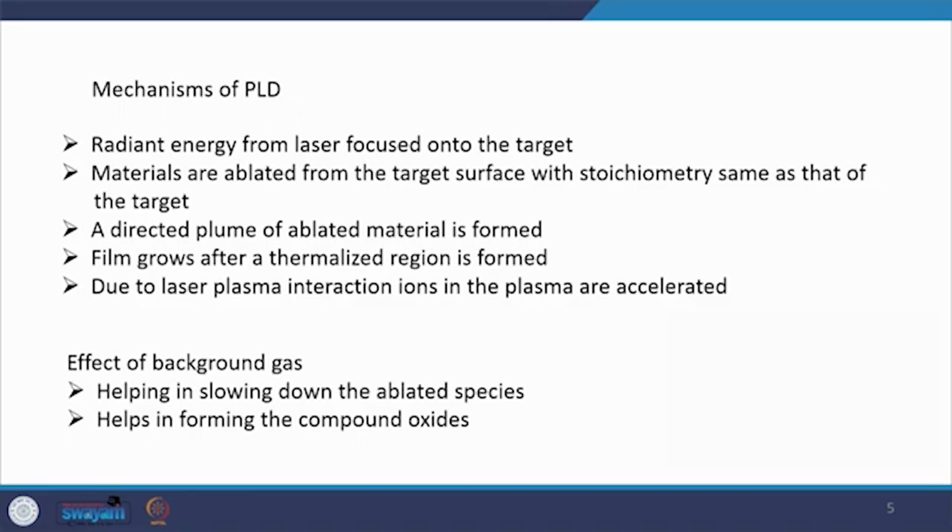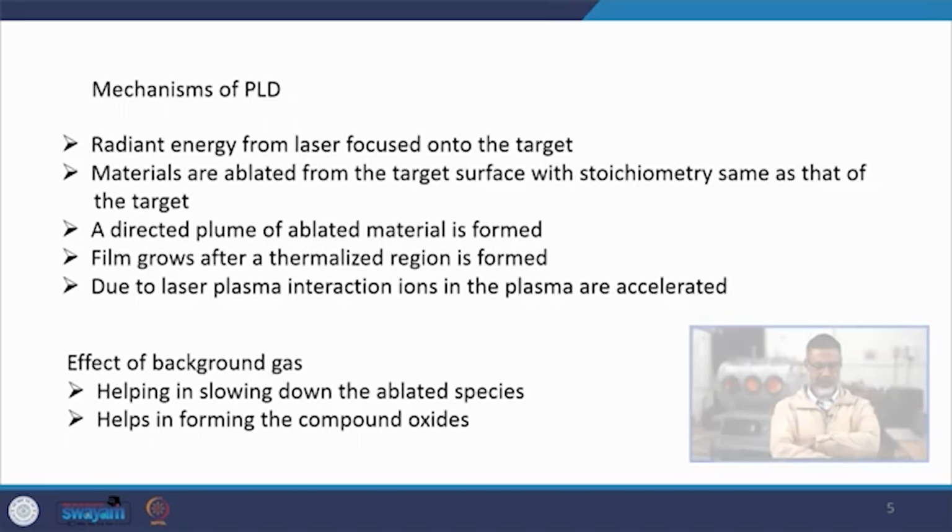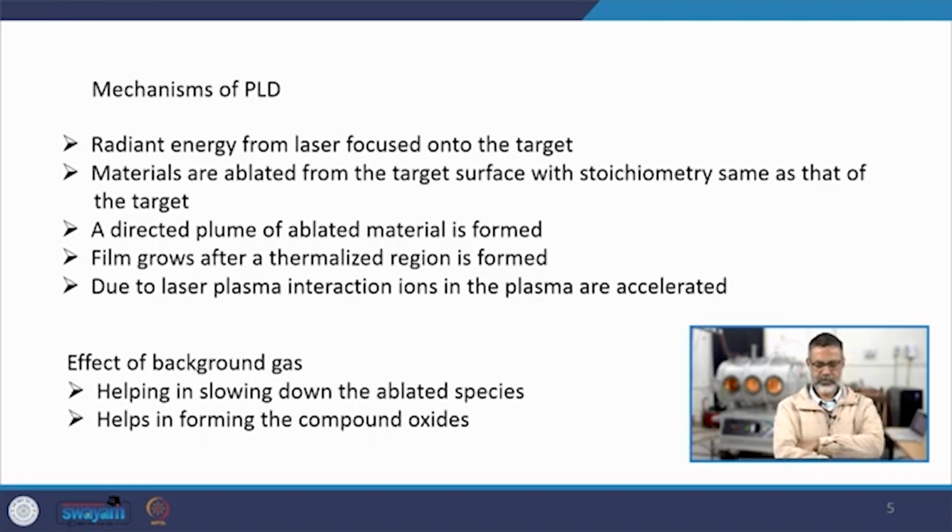Initially, if it is a compound material and not a single element, like zinc oxide, copper oxide, aluminum oxide, magnesium oxide, or yttrium barium copper oxides, aluminum nitride, or any other kind of material, say molybdenum oxides, it will decompose into ions and electrons.